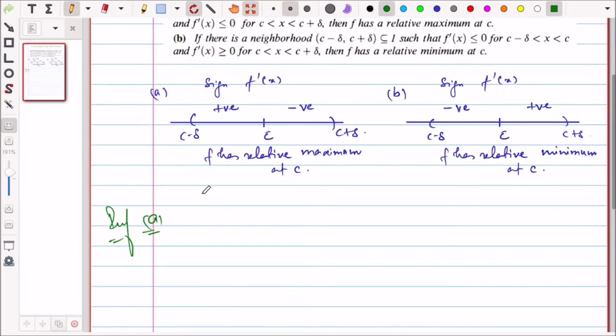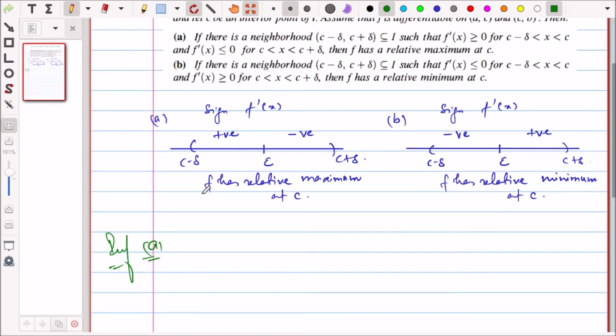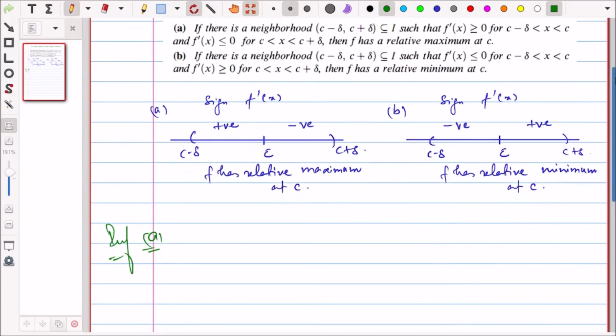f dash x is greater than or equal to f dash c? No. f(x) is less than or equal to f(c) for every x in the interval I, right? In fact, sorry, in the interval (c minus delta, c plus delta), in some neighborhood of delta. So we will show that in this neighborhood, f(x) will be less than or equal to f(c) for every x in this. So we will pick any x in this.